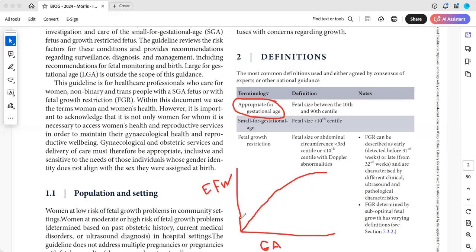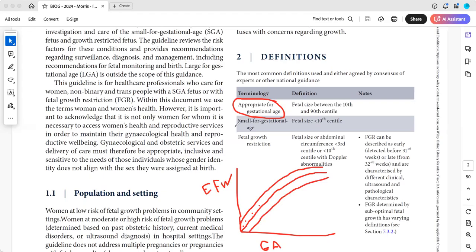So babies on the 90th centile, this is the higher group, right? Or this is the maximum normal, and babies at the 10th centile, this is the lowest normal value, right?